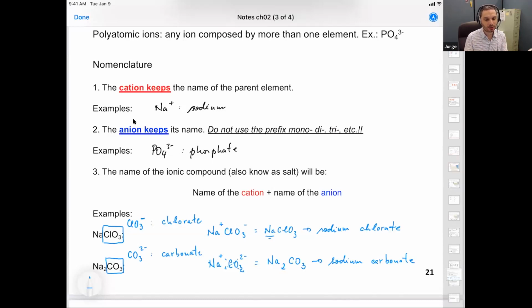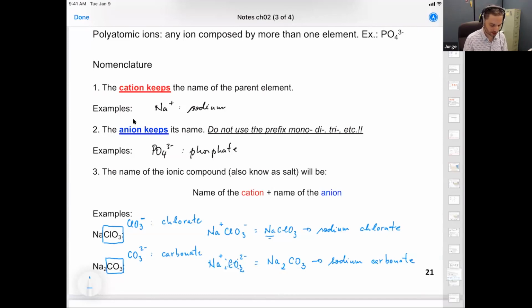So you can think that the oxo anion is one element when you need to cross the charges or figure out the stoichiometry of the compound. The nomenclature is the same nomenclature that you used for ionic salts: name of the cation plus name of the anion.